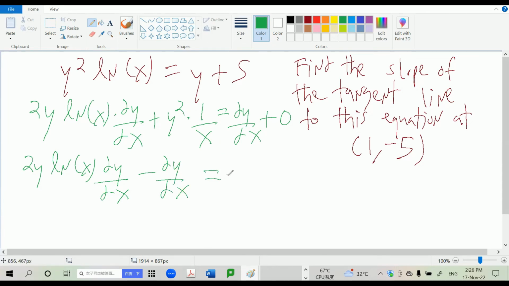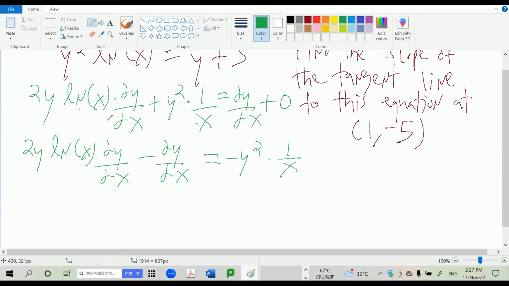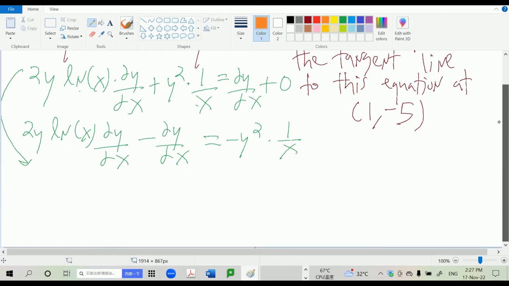That would make it a negative y squared and 1 over x. I don't need to keep going from here, if you can tell, because I already have a point that I could just stick into my equation. You understand? So let's do that right now. Let's just use this form here, and start putting in x equal 1 and y equal -5.